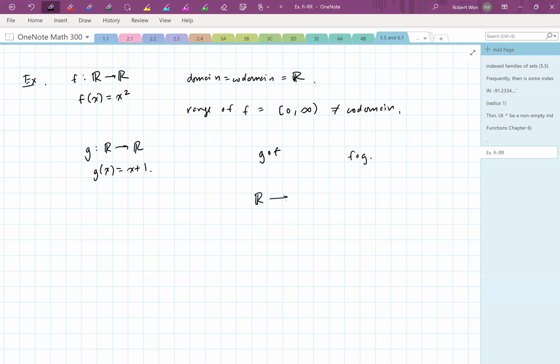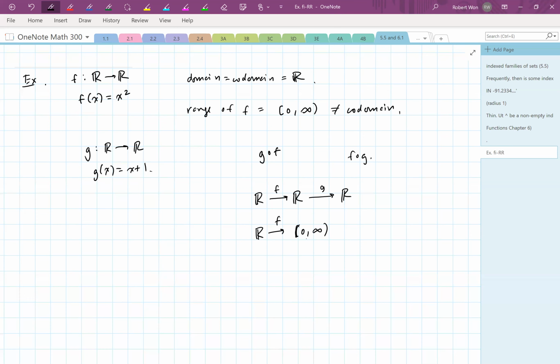So if you took f, after you did that, since you're in the real numbers again, you could then apply g. If I defined f to be from the reals to just the non-negative reals, then technically I cannot apply g to this because it has the wrong domain. Of course, this is a subset of the domain of g, but nevertheless, it has the wrong domain.